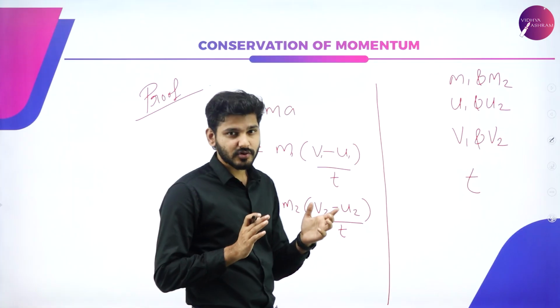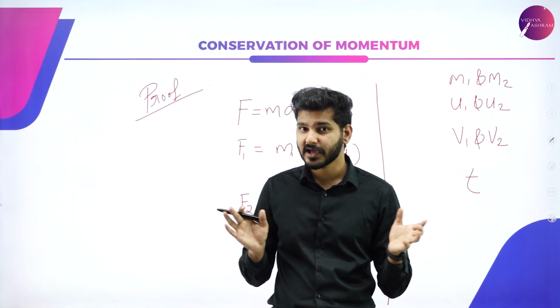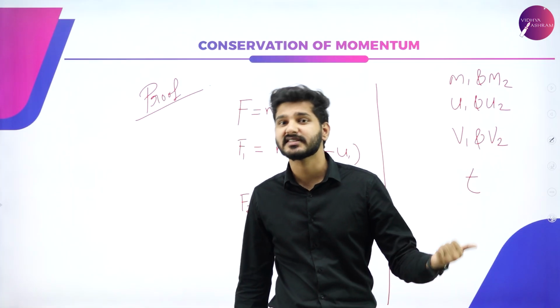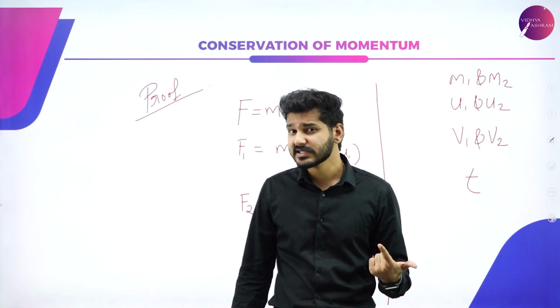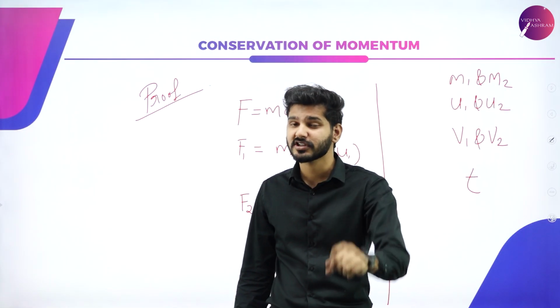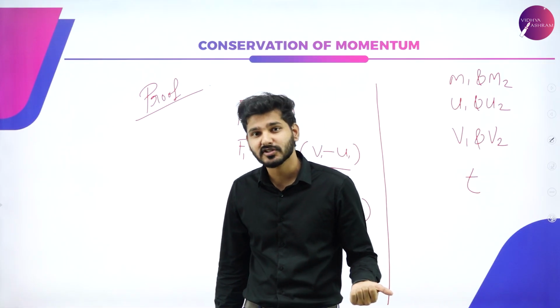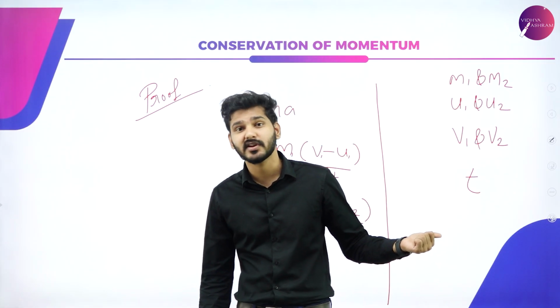Now there is one more thing that is going to be in play here by Newton's laws. We took the second law, the first law is already in effect. Now we also have to consider Newton's third law of motion, that is, every action has an equal and opposite reaction.